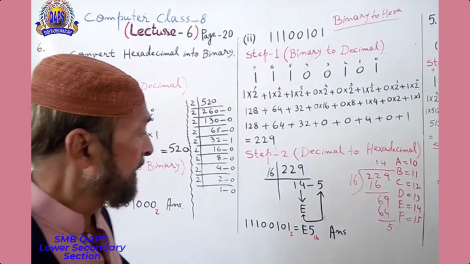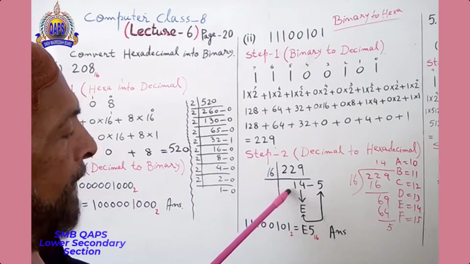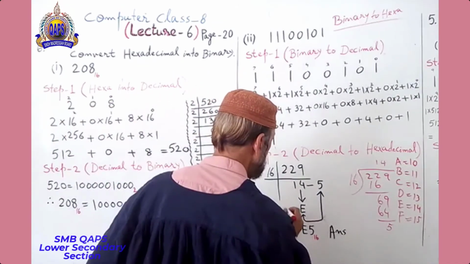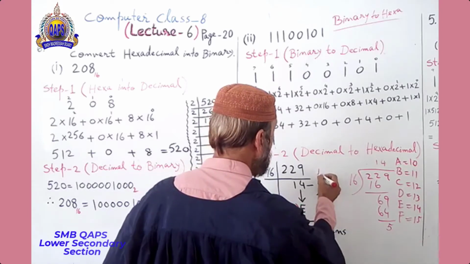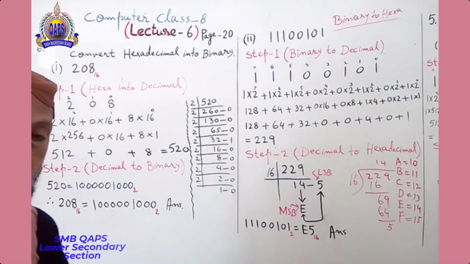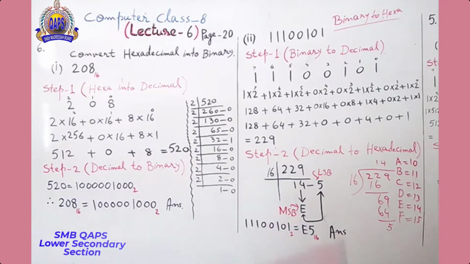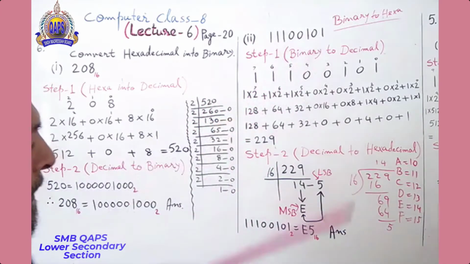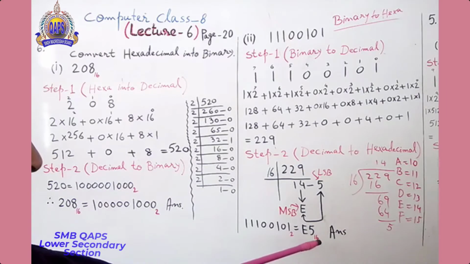That's why instead of writing 14, I will write E. It will be MSB, and that will be LSB. So the answer will be E5. It means the binary number 11100101 equals E5, which is a hexadecimal number, and this is your answer.